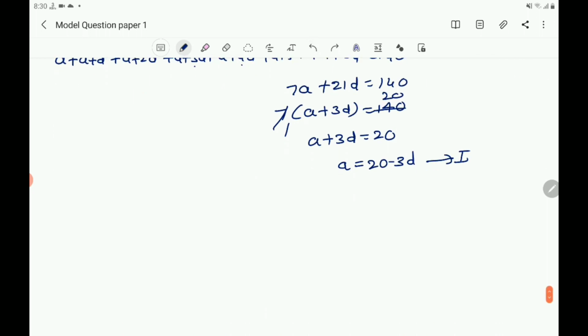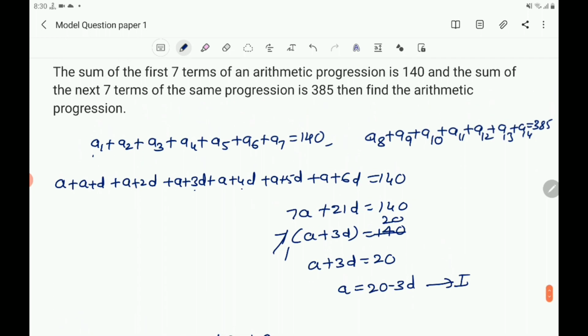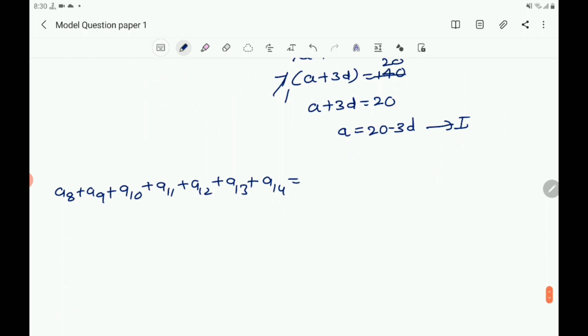It is A8 plus A9 plus A10 plus A11 plus A12 plus A13 plus A14 equals how much? 385.